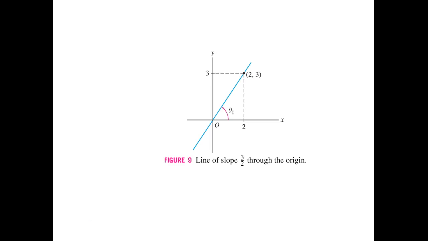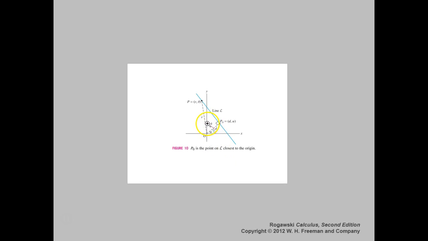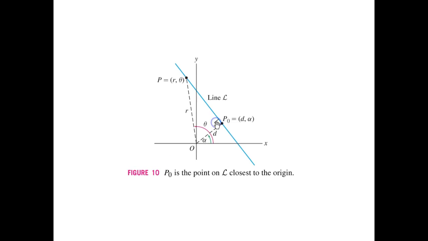So theta equals arctangent of 3/2. That would be the equation for that line. Of course, all these are going through the origin only. Make sense? All right. Now, what if it's not going through the origin? Here's an example of one that's not.